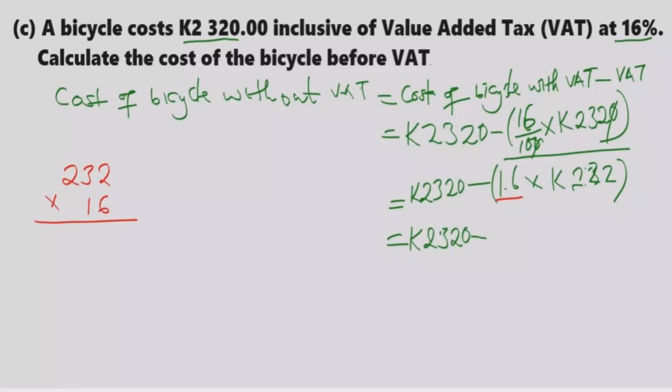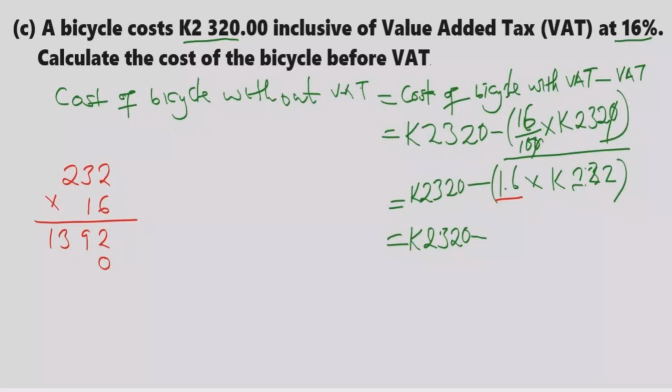Then later on, we'll know that our product will have one decimal place. So we say 6 times 2 will give us 12, carry 1. 6 times 3 will give us 18, plus 1, 19. 6 times 2 will give us 12, plus 1, 13. So we have 13 like that. Okay, then we put 0 here.